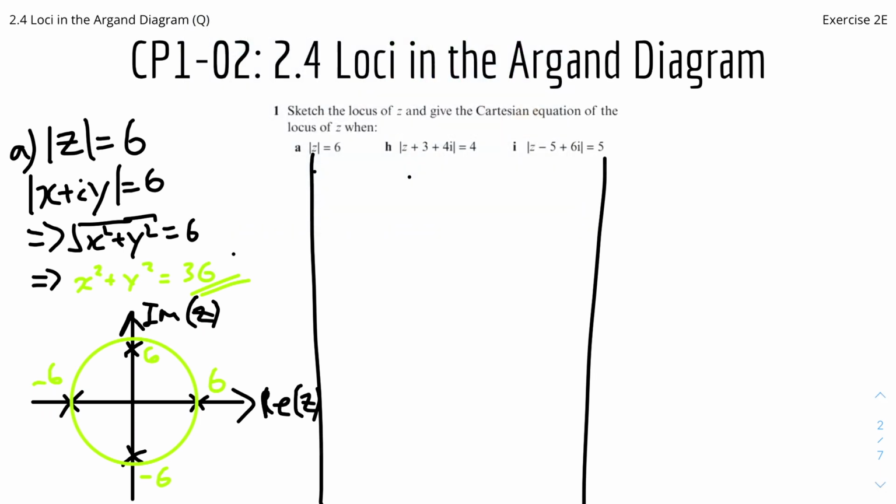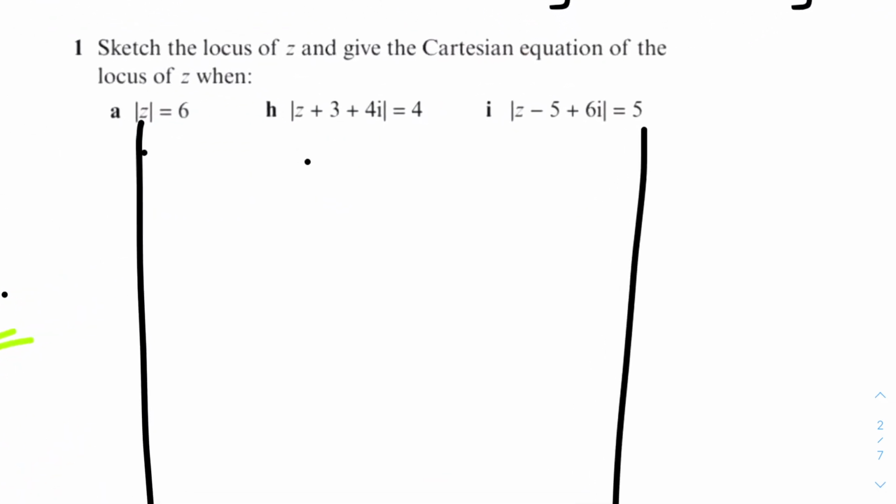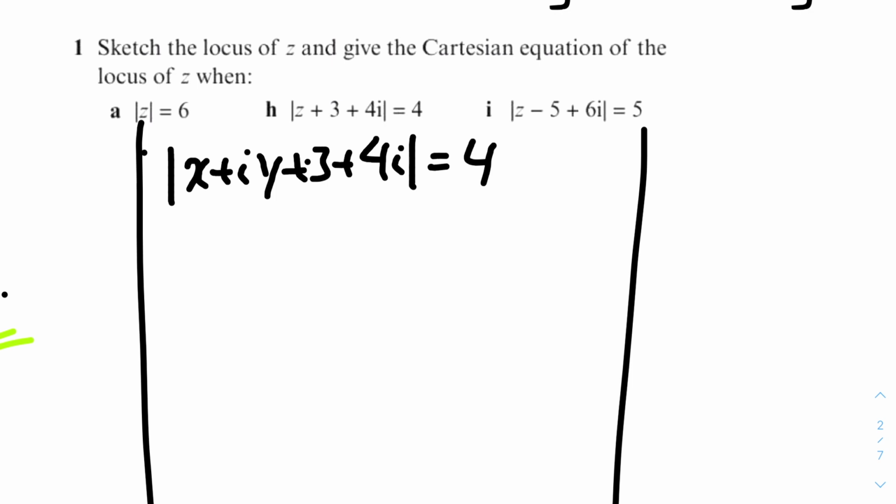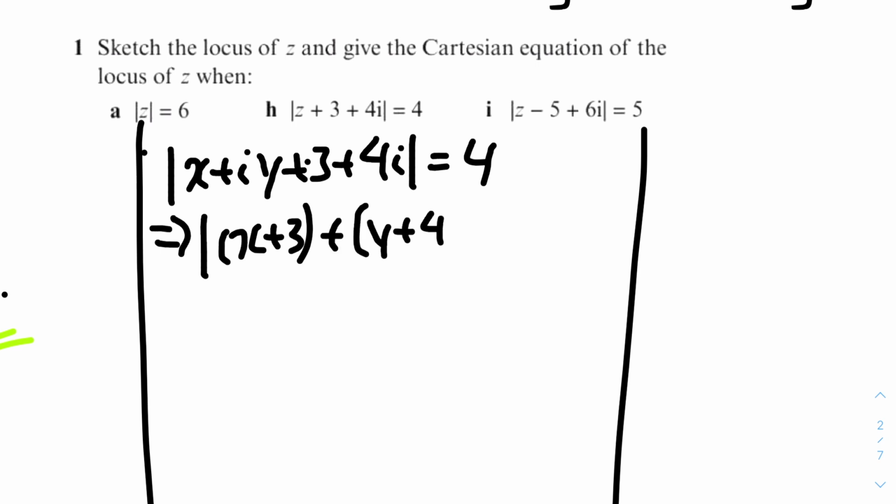And for the second part, the modulus of z plus 3 plus 4i equals 4. We can substitute z by x plus iy, so x plus iy plus 3 plus 4i equals 4. We can collect like terms, which is the real and imaginary part, so it'll be the modulus of x plus 3 plus y plus 4i equals 4.